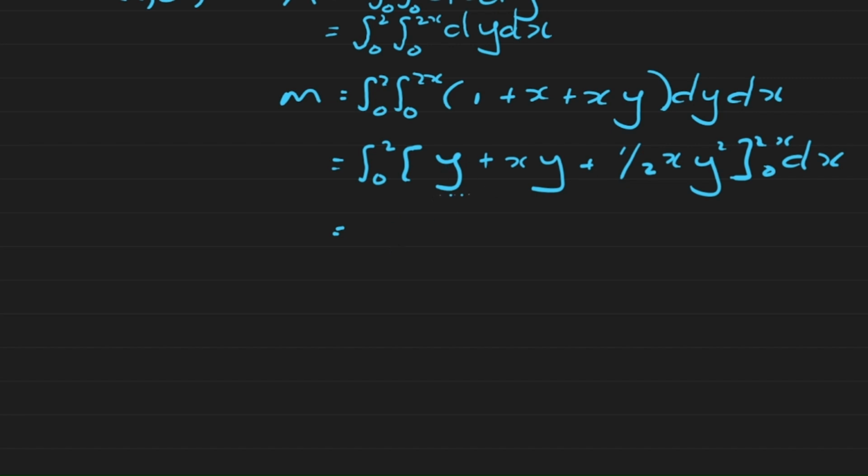So we just substitute in 2x in the first term, then we'll have x multiplied by 2x here, and of course now we'll have 2x squared in the last term. So we're left with 2x, and 2x times x is just 2x squared, plus, firstly, 2 squared is 4, 4 divided by 2 is 2, and x times x squared is just x cubed, so we're left with 2x cubed.